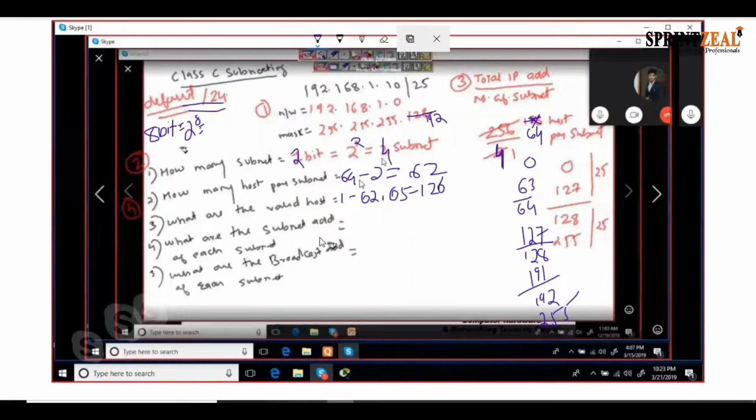What are the subnet addresses? 0, 64, 128 and 192. What are the broadcast addresses? The last ones: 63, 127, 191 and 255.